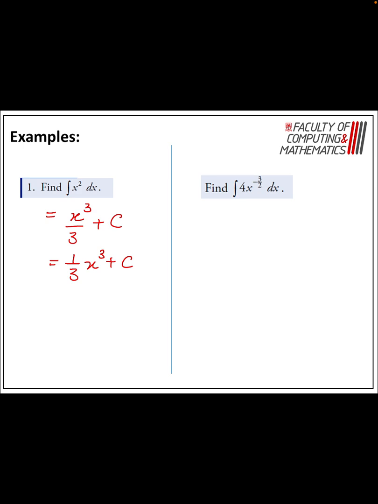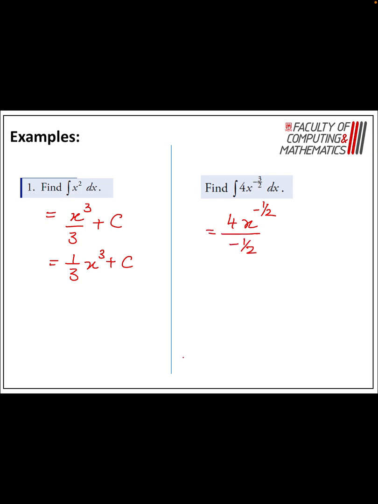So let's take a look with a fraction. If you've got x to the power of negative 3 over 2, I want to add 1 onto the power. So I'm going to add 2 onto the top, because obviously 1 is 2 over 2. So I would get negative a half up there. Then you're going to divide by the new power.